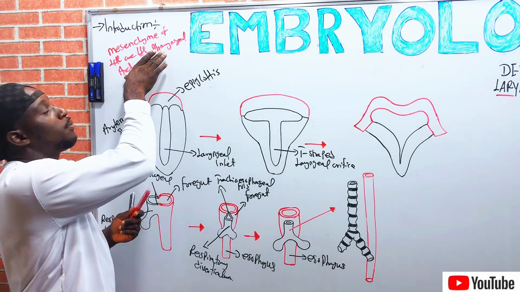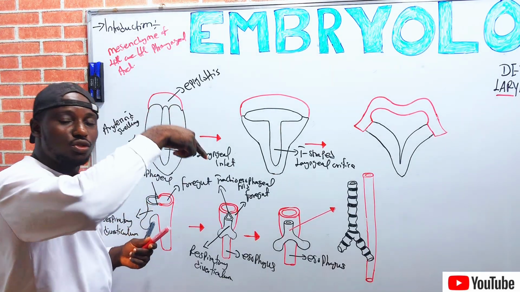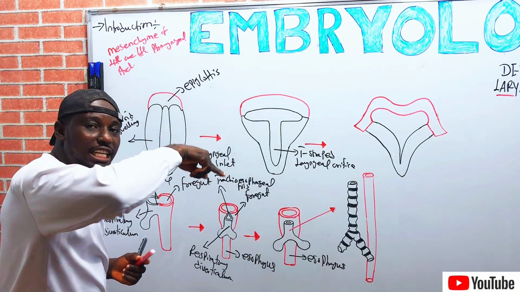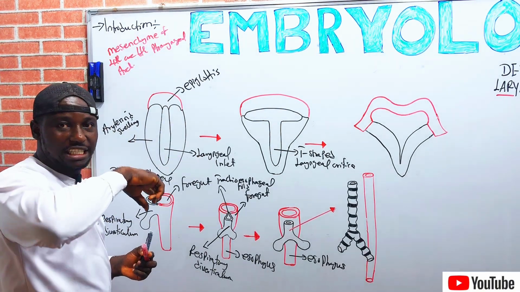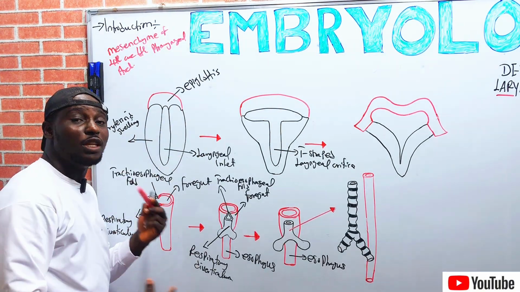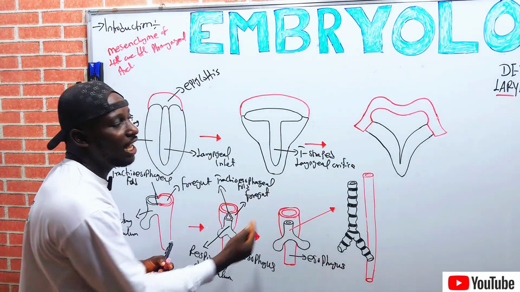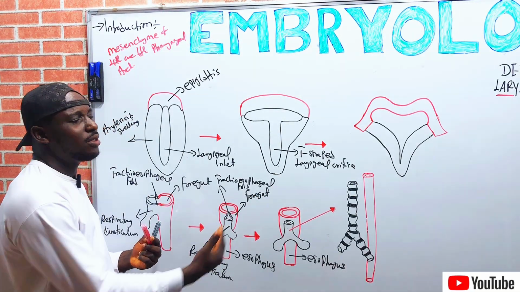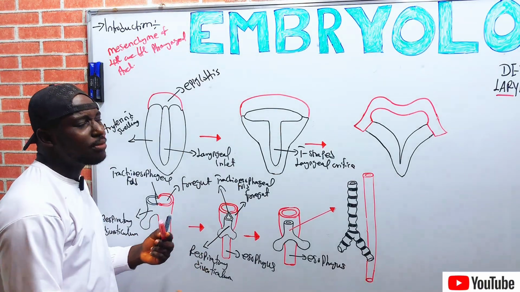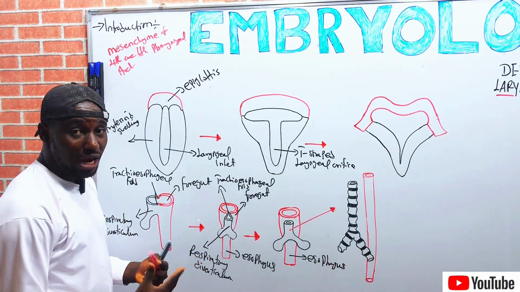So when it proliferates around or surrounds the laryngeal inlet, as a result of the proliferation, it led to the T-shaped laryngeal orifice. Because that is why you call it a slit-like T-shaped laryngeal orifice, right?